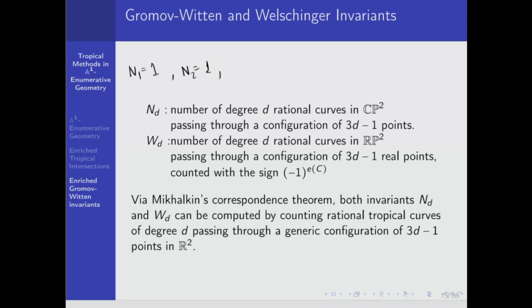Okay, that was very fast to prove that this number is 1 and independent of the configuration. Degree 3 is the first that is non-trivial. If we count rational cubics that pass through 8 points, now we get 12. This is also a very classical computation.